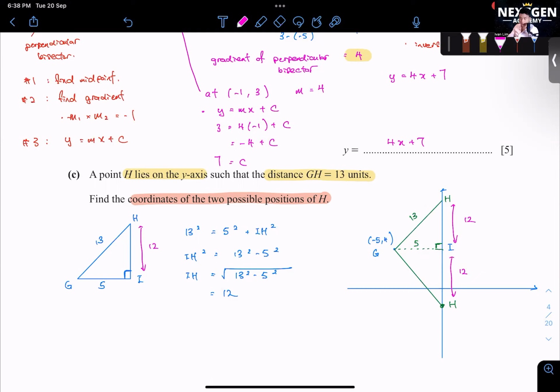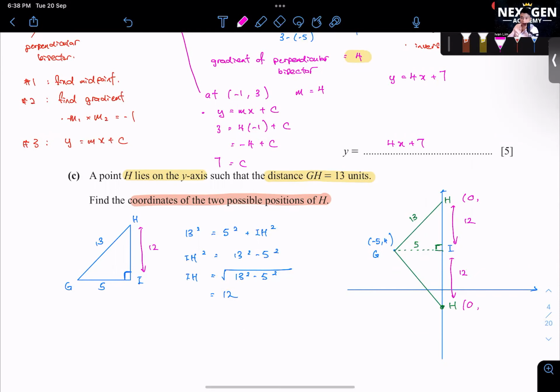Because it's on the y-axis, therefore my x will be 0. Any point on the y-axis, the x coordinate is 0. What do I know about here? This part here, y equals 4, right? So if going up is 12 or going down is 12, we can just calculate by y equals 4 plus 12 or y equals 4 minus 12, either one of it.